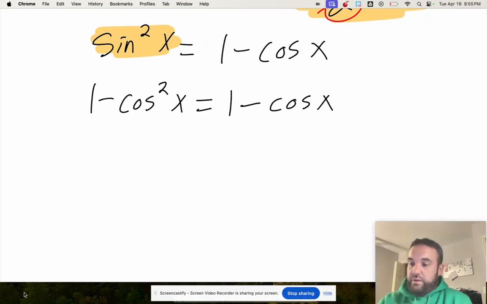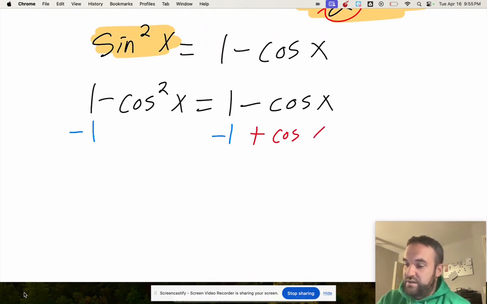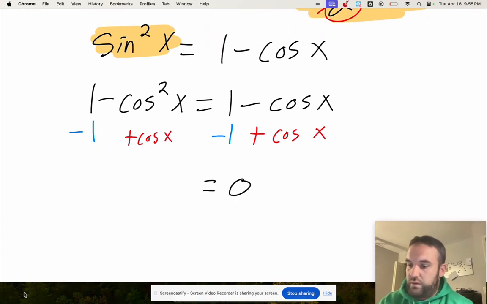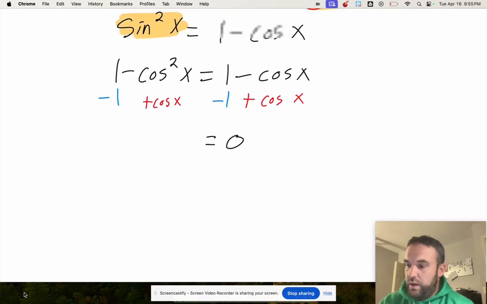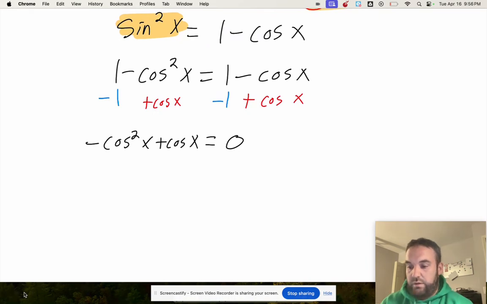So typically I like to move everything to the left. So I'm going to subtract 1 from both sides. Super convenient. That cancels. I'm also going to add cosine x to both sides. That cannot be combined with the cosine squared. So what I'll end up with is these ones will cancel or make 0. And I have negative cosine squared of x plus cosine x equals 0.